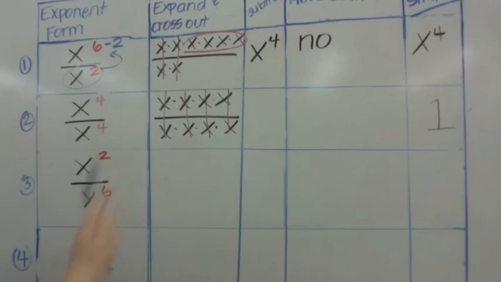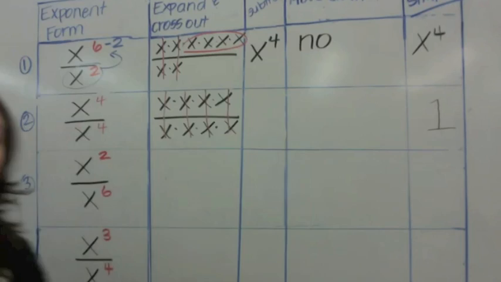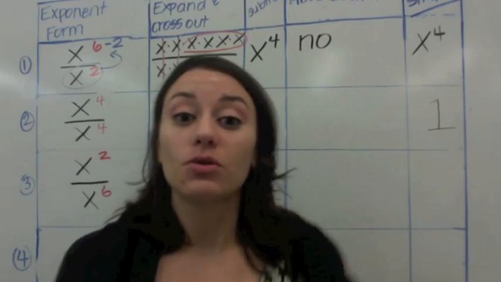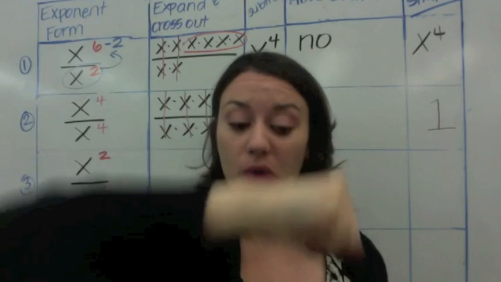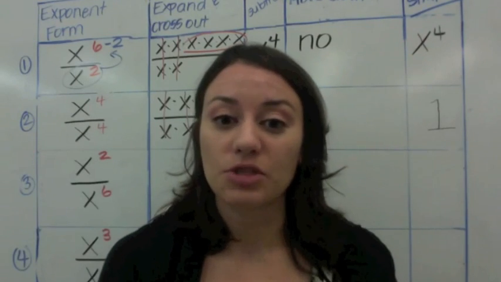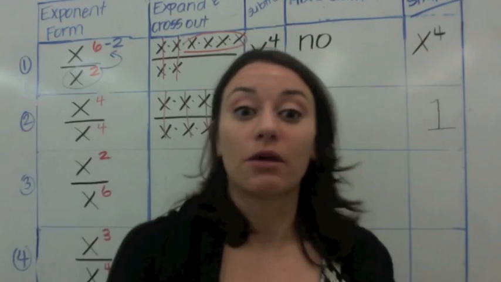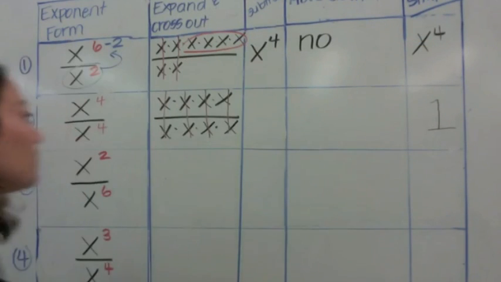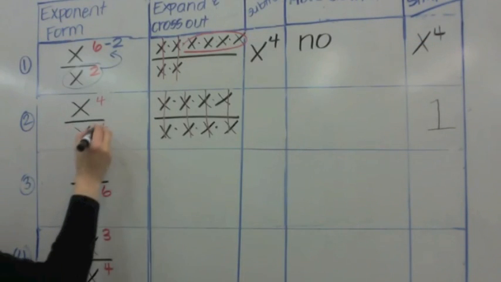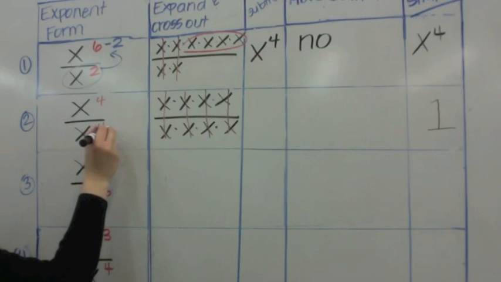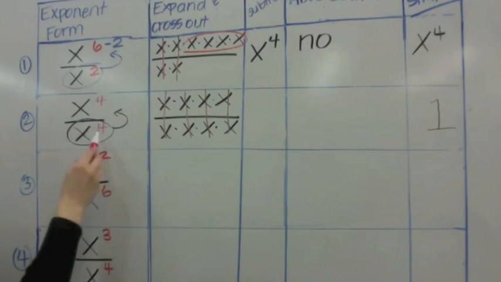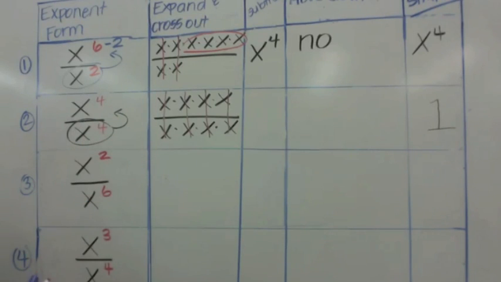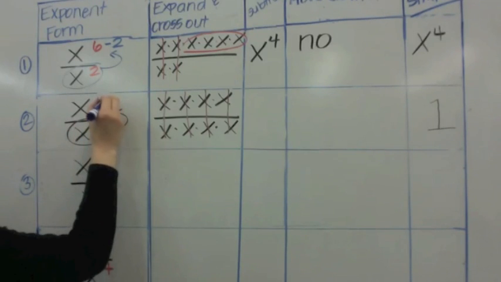However, how do I figure this out by just using the rule? When you divide exponents, you subtract. Because this is the division bar, you subtract. When you divide exponents, you have to subtract. So if I subtracted, I would just take the exponents and say, what is 4 take away 4?